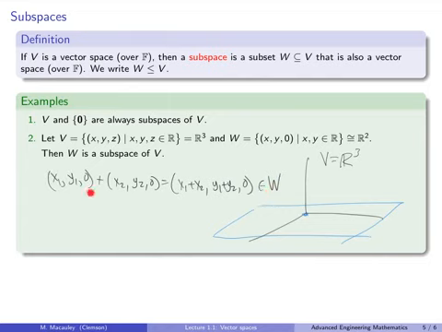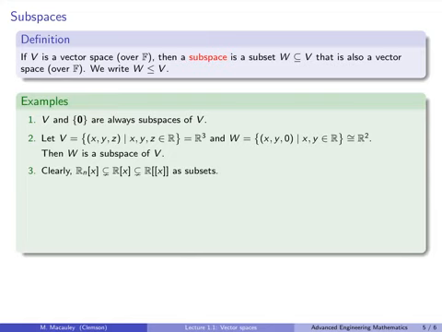So the sum of these two vectors lies in W. And also if you take (x, y, 0) and you multiply by c, you get (cx, cy, 0), and that lies in W as well.